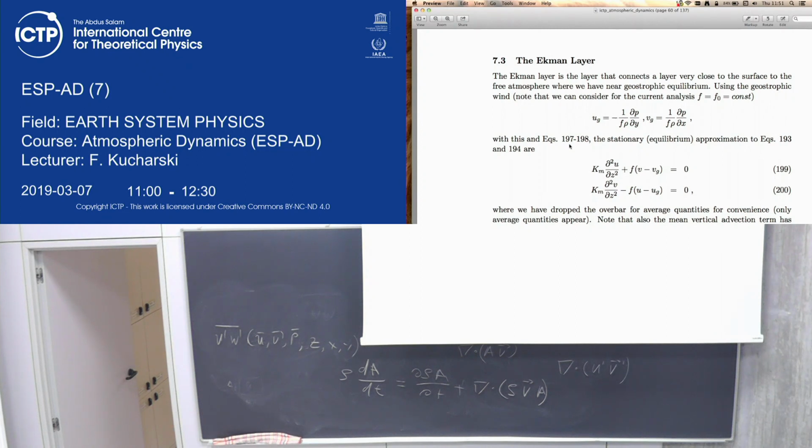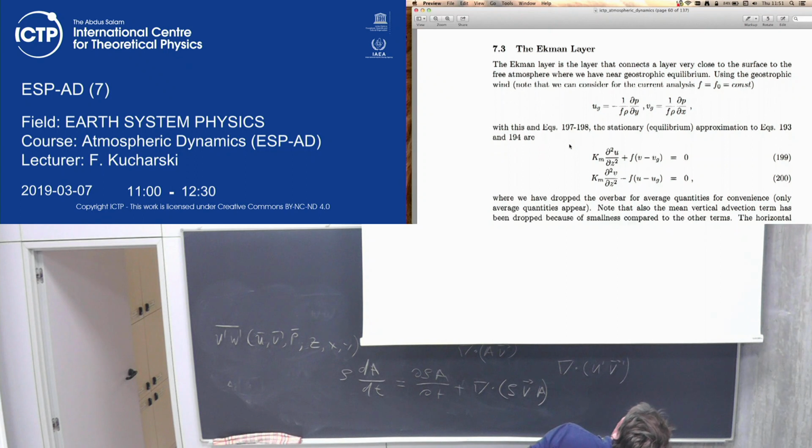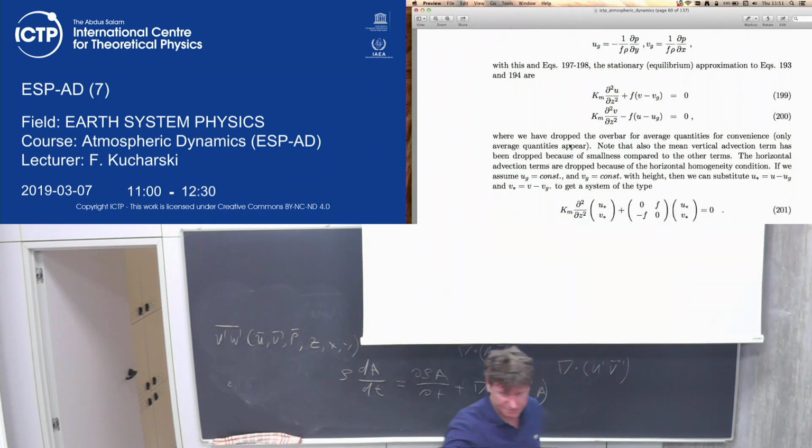Now, in this case, we have made some more approximations actually. First of all, we have dropped the bars, because now all the quantities are average quantities. The prime quantities do not appear anymore, so we can simply drop the bars. Let's get rid of them, make it simpler.